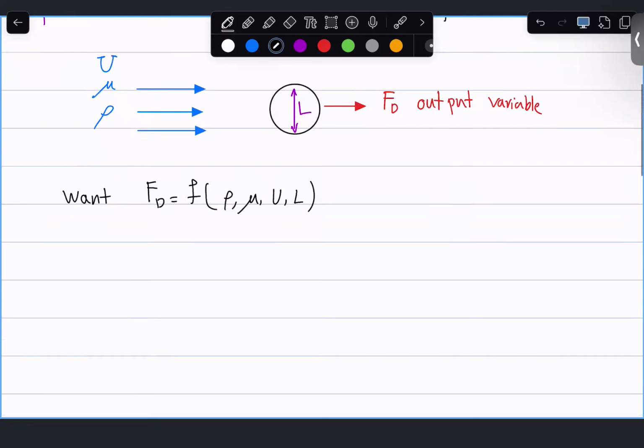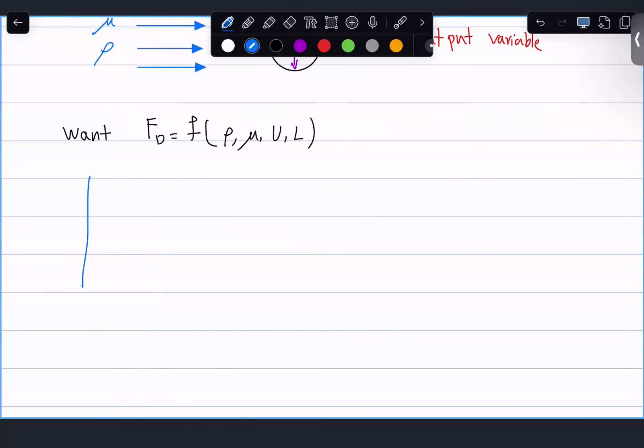So let's say the first thing we want to study is how F or FD depends on the length, the diameter. You're going to fix, for example, rho and mu. You're going to fix your fluid. And for one length, you're going to get one data point.